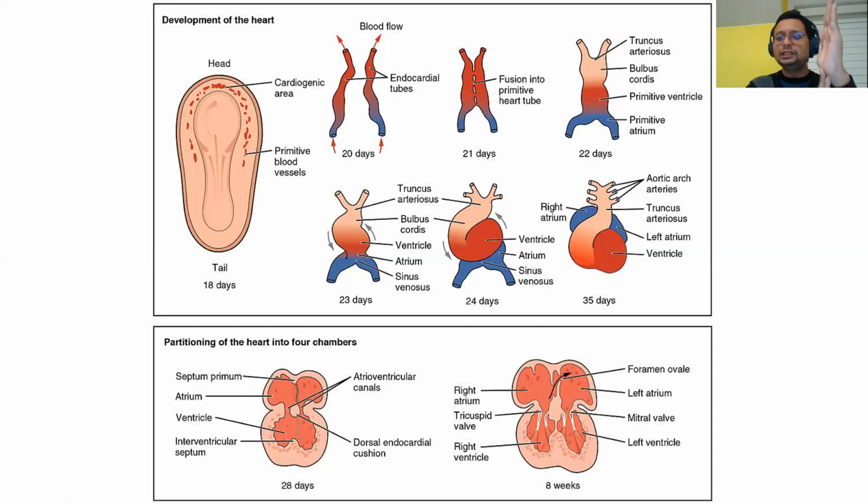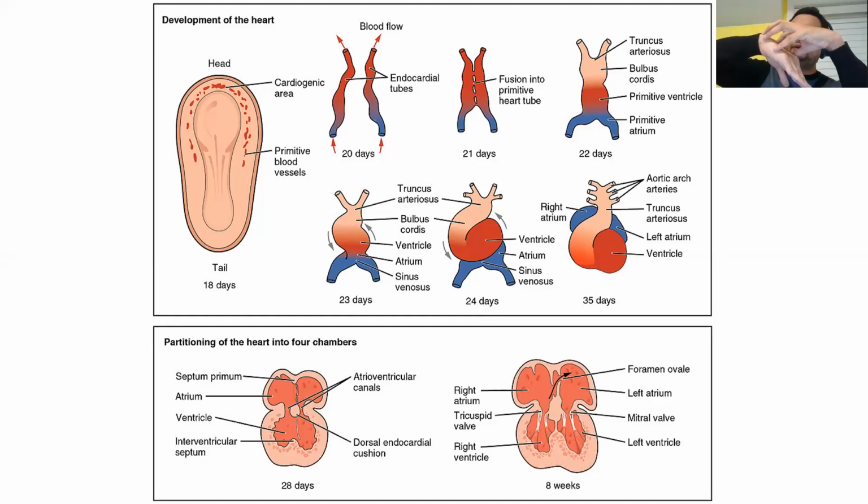What I mean by loop is, rather than a straight structure like this, it will loop and become like that. At the beginning it is like that, the top is truncus arteriosus, at the bottom is sinus venosus. During the 24th day of gestation, the heart will loop and become like this. So when it loops, now you have the familiar arrangement.